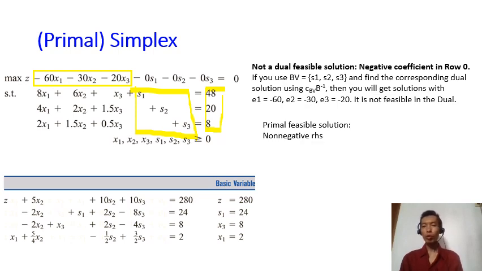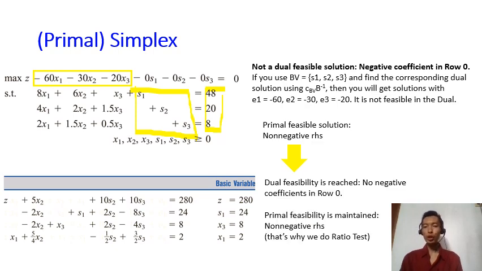And then while we are doing the simplex algorithm, we are going to reach the dual feasibility, which means that there is no negative coefficient in row 0, while at the same time we maintain primal feasibility. We keep the right-hand side non-negative. Actually, this is why we do the ratio test in the simplex, and then we always pick the smallest. We try to maintain primal feasibility.